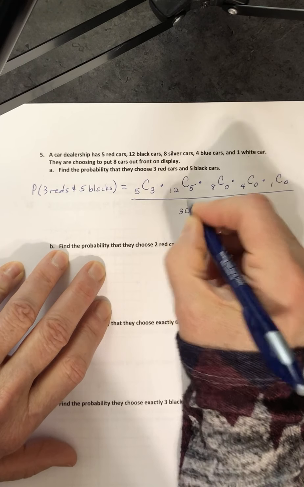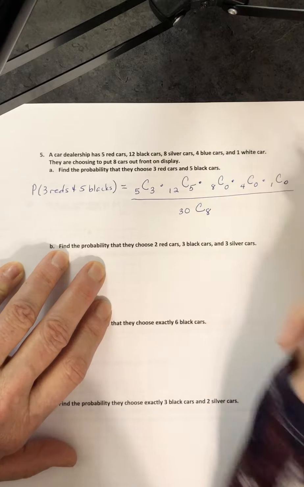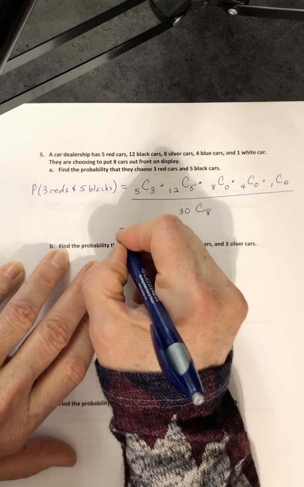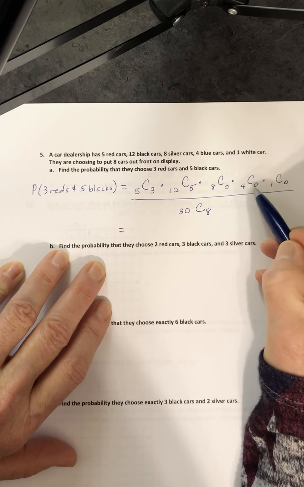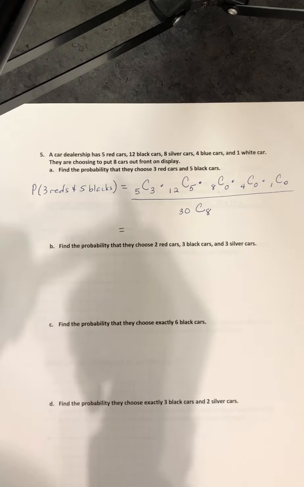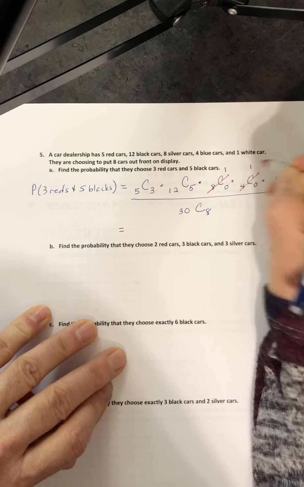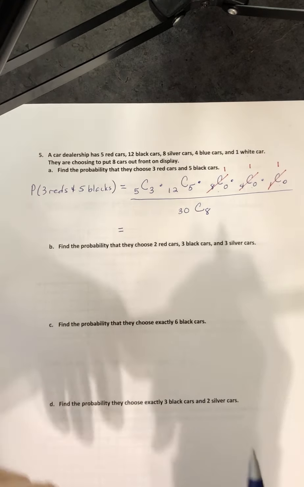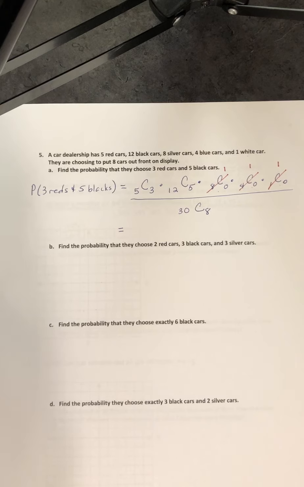There's 30 total cars when you add up the 5, the 12, the 8, the 4, and the 1. Choose 8. On your calculator or using your formula, you'll notice that when you enter 8 choose 0, that'll give you a 1, that'll give you a 1, and that'll give you a 1. So those 3 factors we don't actually need.